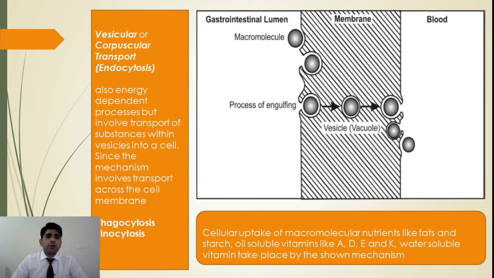Now we are coming to the last part, that is vesicular transport. It is also called endocytosis. In this case, again I am telling you that energy is involved. It is an energy dependent mechanism, and this kind of transportation is easier for macromolecules.